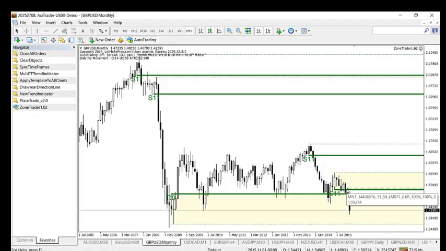But this time it's actually created another monthly supply zone quite close to it, and this is stopping price from getting away from this demand zone, and it finally seems like price might be pushing much deeper into this demand zone here.